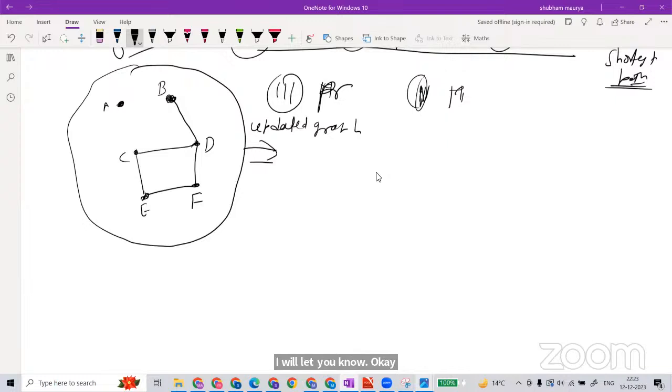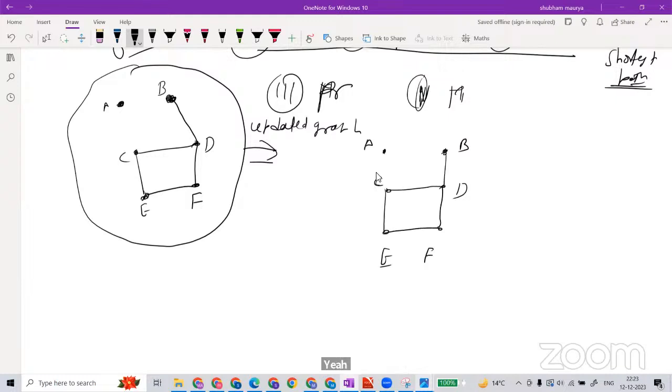So first, if you want to find the update, we have to write the same graph first. So this is A, B, C, D, E, F. Now, suppose I took vertex A. If there is a path from A to any other vertex, then we will connect that.